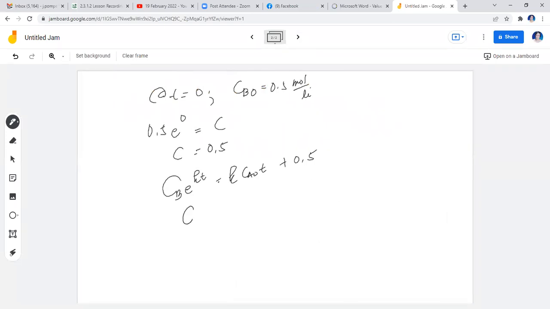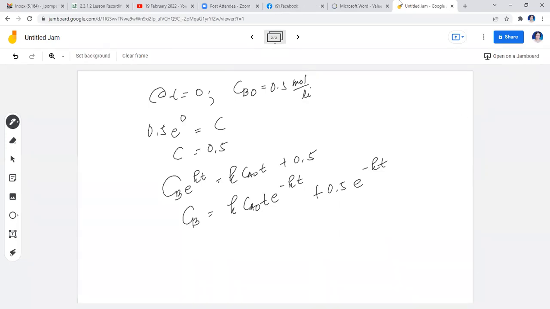Now, your C sub B could be written generally as equal to k C_A0 t e raised to negative kt plus 0.5 e raised to negative kt. What you should do is divide this equation by e raised to kt. So that is why you have it written here as negative.